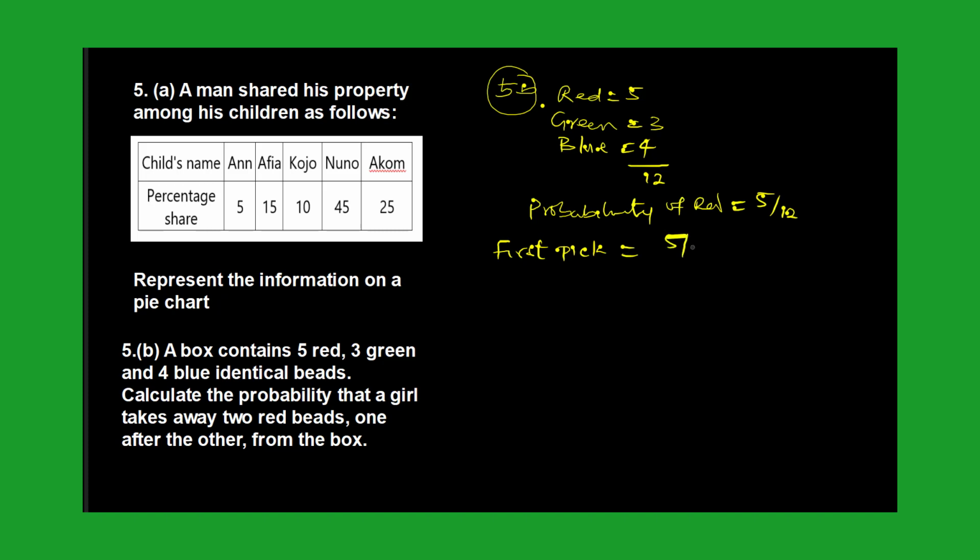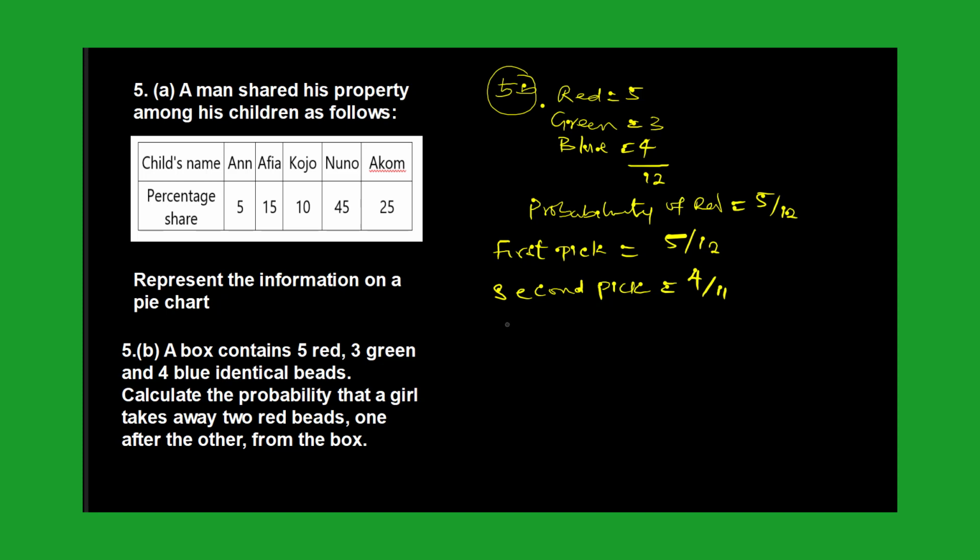That is the first bead picked by the girl. Then the second pick will be 4 over 11, meaning that out of the total of 12, when the first was picked, it reduced to 11. So the second pick will be 4 over 11.